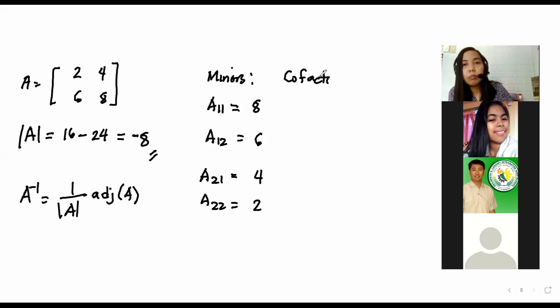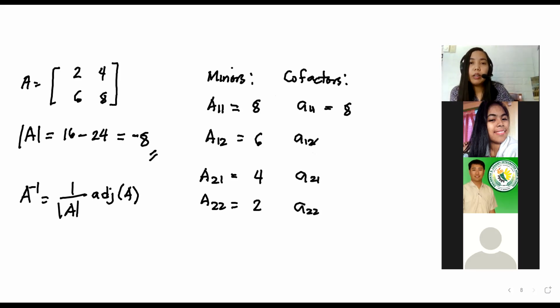Cofactors. A11, A12, A21, A22. Positive times 8 is 8. Negative times 6 is -6. Negative times 4 is -4. Positive times 2 is 2.